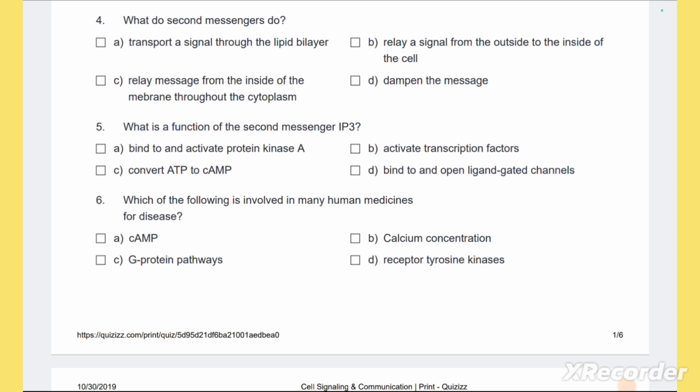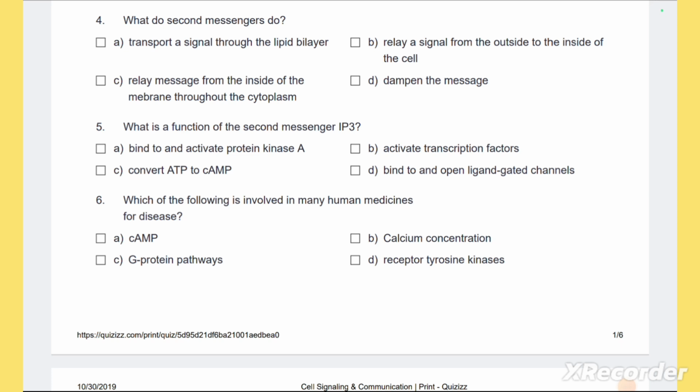What do second messengers do? We know hormones are basically the primary messenger, so here the question is what do secondary messengers do, just like IP3, inositol triphosphate, which is a kind of secondary messenger. In this video I'm not going to explain in much detail; I'm just going through the questions and answers. Option A, transport a signal through the lipid bilayer.